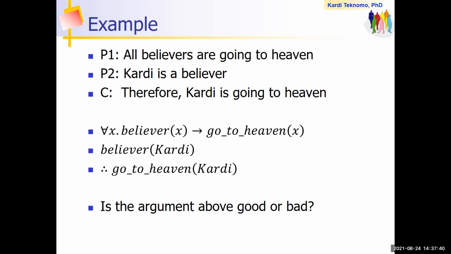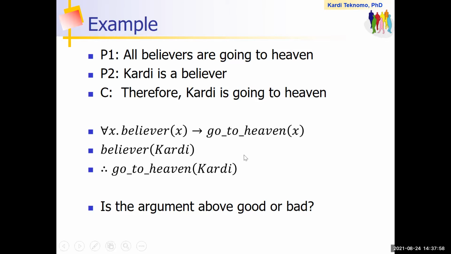Premise 1: all believers are going to heaven. Premise 2: Cardi is a believer. Conclusion: therefore Cardi is going to heaven. So I can put this into symbolic logic.